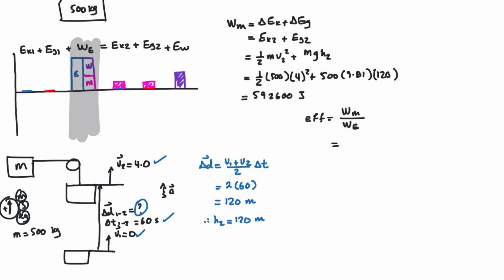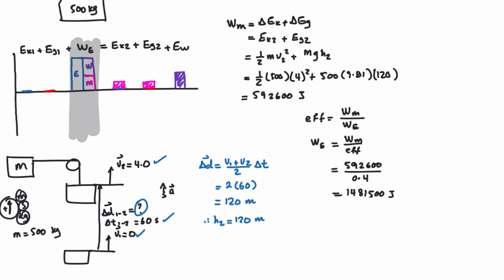And sorry, I'm going to rearrange for WE, which is going to become WM over the efficiency. Plug in my values. You always want to show the values plugged in as one of your steps. 0.4 for the efficiency. And I will end up getting 1,481,500 joules.